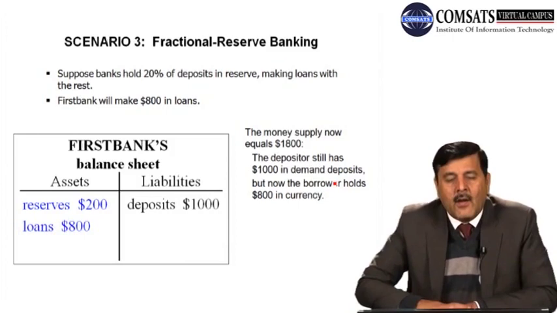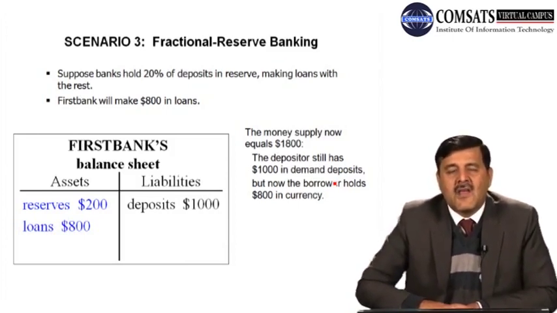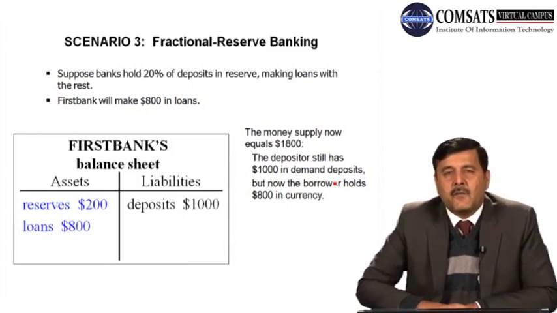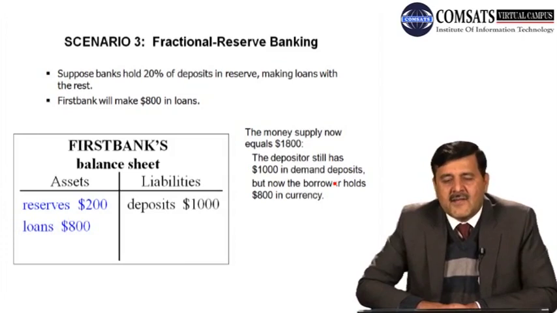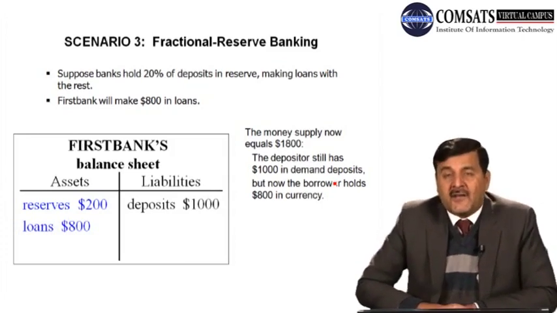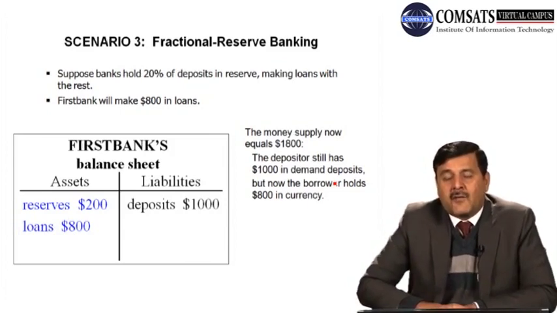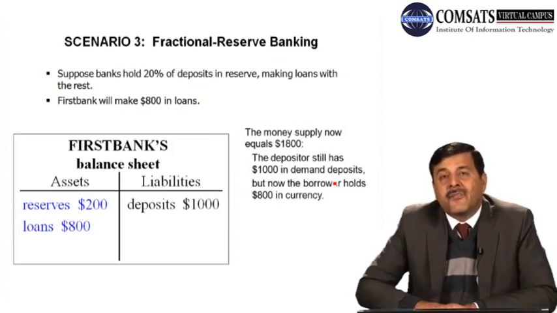to the customers. Here we suppose that in scenario 3, under this fractional reserve system, banks hold 20% of the deposits in reserves, making loans with the rest. The first bank will make $800 in loans, right?